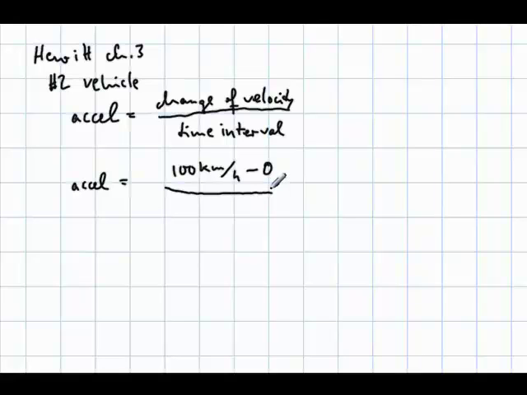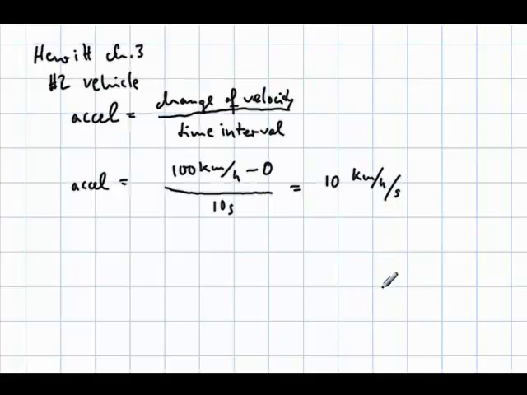Now, technically, I wouldn't have to write that down, but I do to show that change of velocity means the difference between the two, and then divide that by the time interval, which is 10 seconds. And when I do that, 100 minus 0 is 100, and 100 divided by 10 is 10. And then the units are kilometers per hour per second, and if I wanted to, I could put the hour and the second together in the denominator.